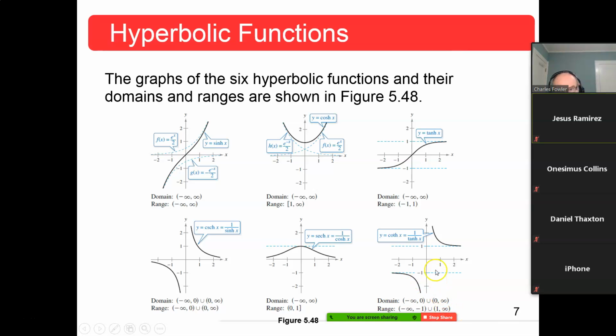This is one-to-one, hyperbolic tangent. It looks awfully close to hyperbolic cosecant, but it's not the same. They're going to different limits here, but they are one-to-one functions. So 4 of the 6 are one-to-one.